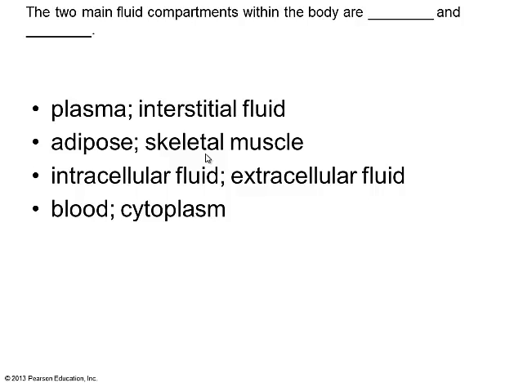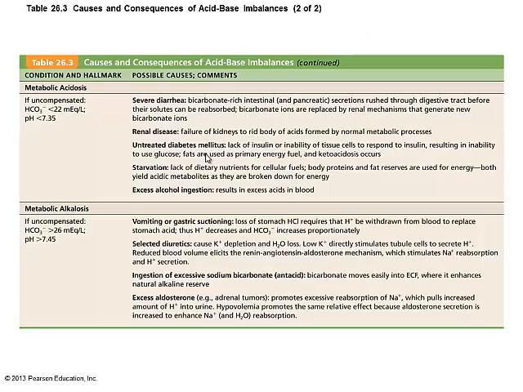It's basically the first line of every single one. It's all in that chart. So when you look in this chart, it would be the first line. Know that, so severe diarrhea for metabolic acidosis, vomiting and gastric suctioning for metabolic alkalosis. Strong emotions for respiratory alkalosis.